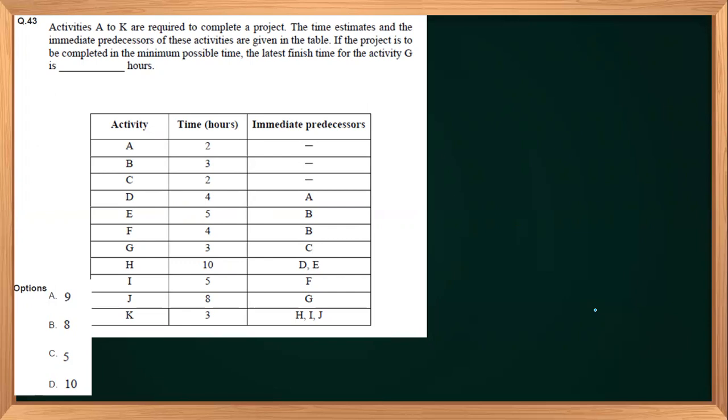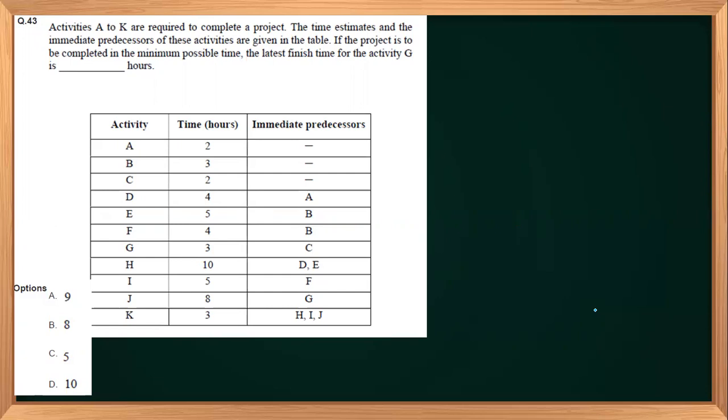So it is asking nothing, just to solve this problem. Only thing is, if you have some knowledge about how to construct this network diagram, it will help you to answer this question.